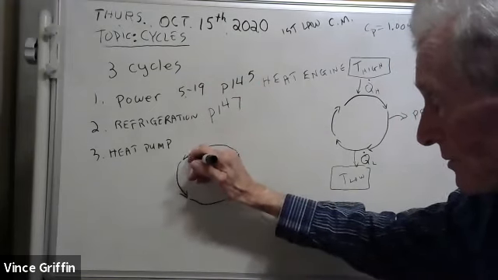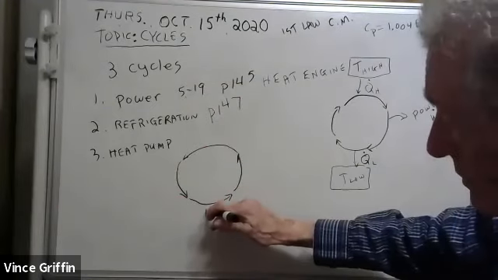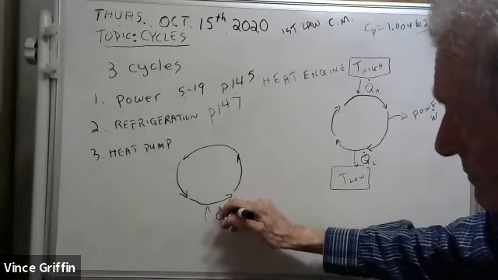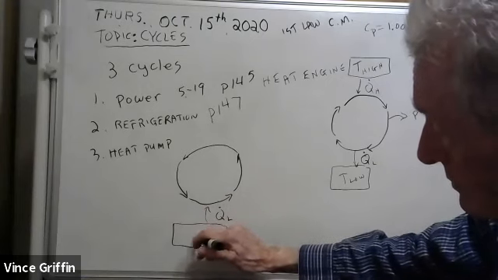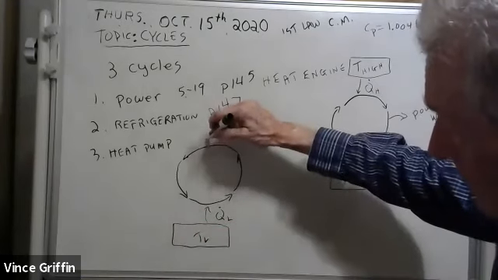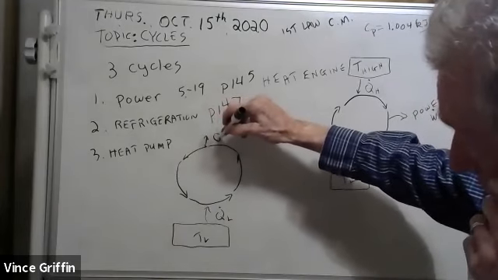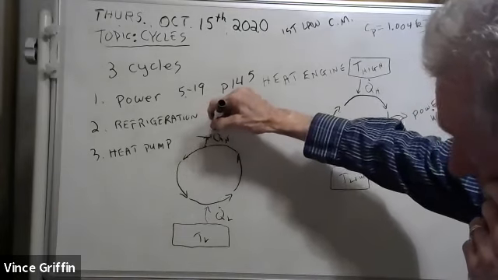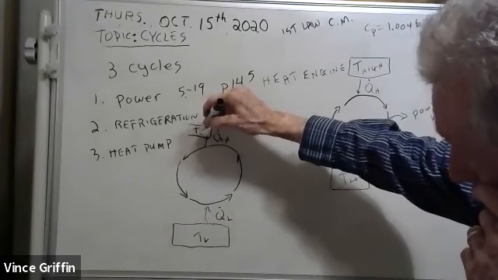You go around and around counterclockwise. And here you have a QL dot. And here's your low temperature. And here you have a QH dot. And here you have your high temperature.